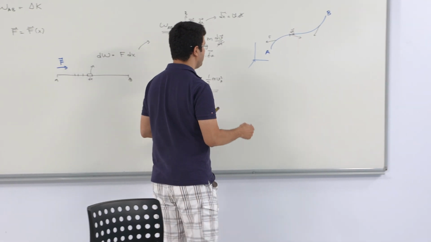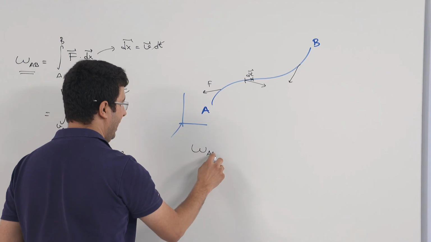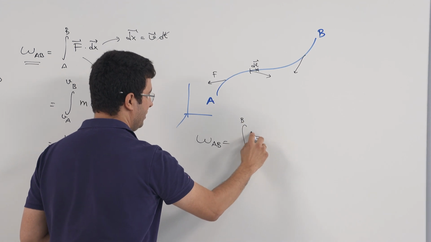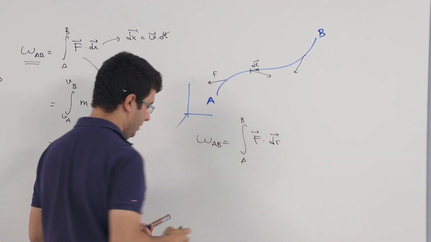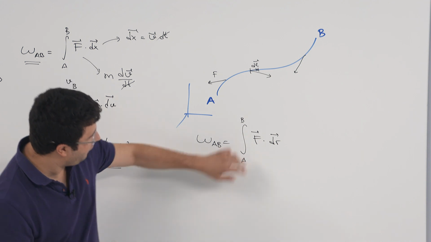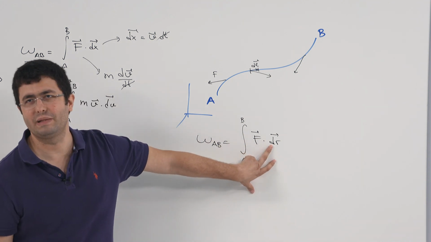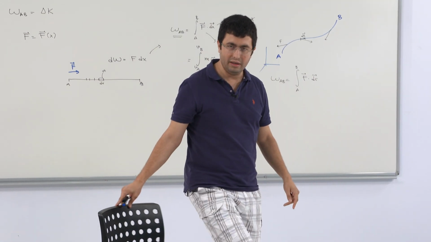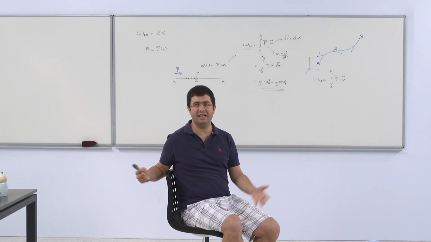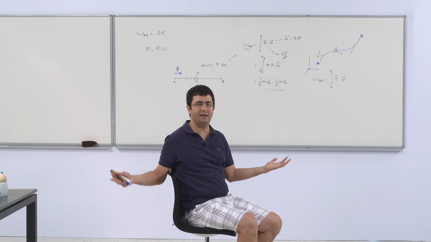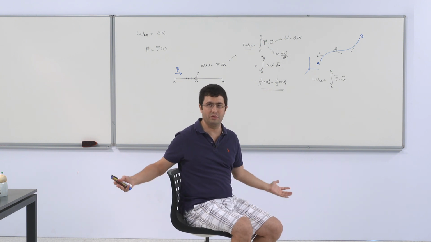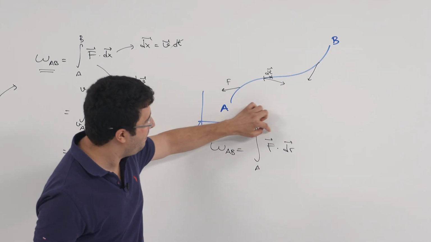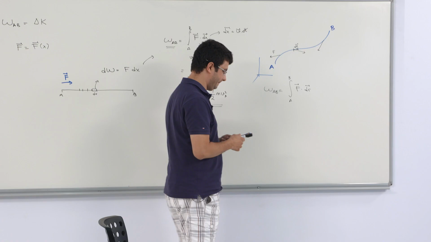So the work that you have to do to take the particle from A to B is simply now given by F dot dr. If the force is perpendicular to the displacement, then that means the force doesn't do any work, like so, right? Now I'm applying a force on the chair, I don't do any work. It's not going anywhere, its velocity is not changing, I don't do any work. Only the force that is parallel to the displacement does work.